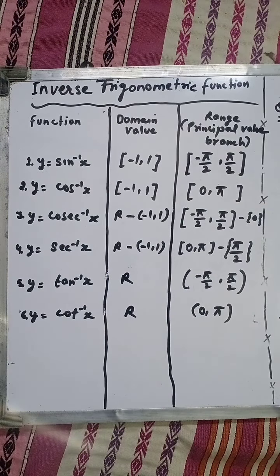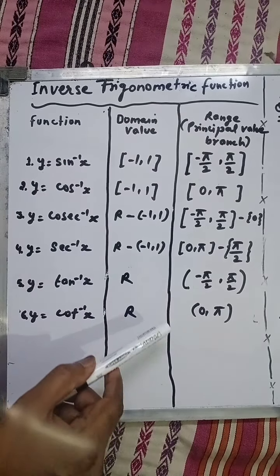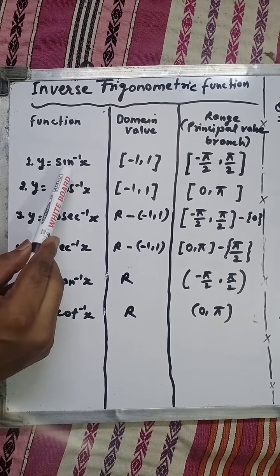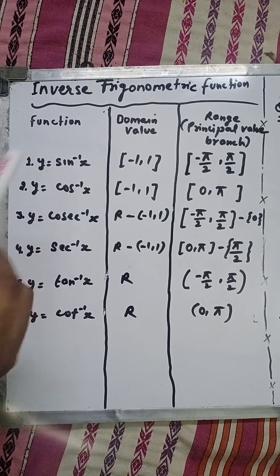This table you have to learn. If you remember the range of all the trigonometric functions, then you can find out the principal value. As we know, these inverse functions are valid only in a certain principal range, at which the inverse is possible.